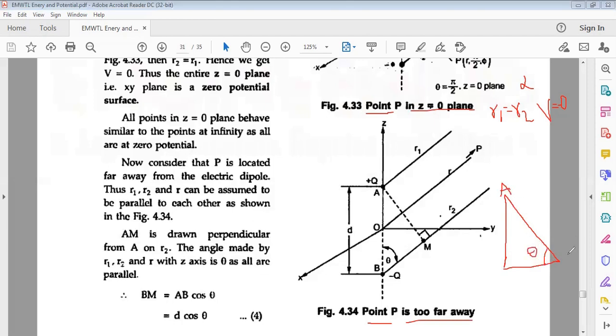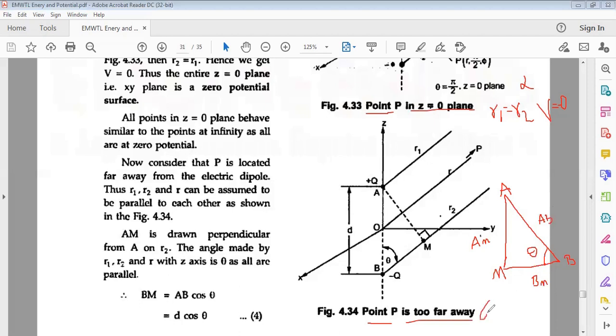The value is A and B, and this is M. In the right angle triangle, the hypotenuse is AB, the opposite side is AM, and the adjacent side is BM.